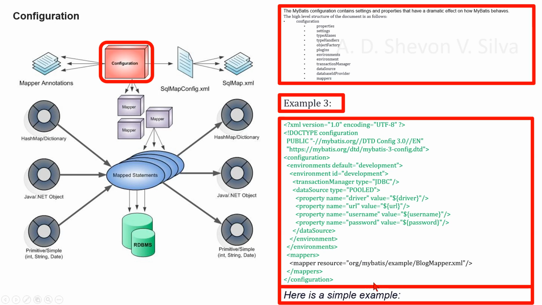Notice the XML header required to validate the XML document. The body of the environment element contains the environment configuration for transaction management and connection pooling.